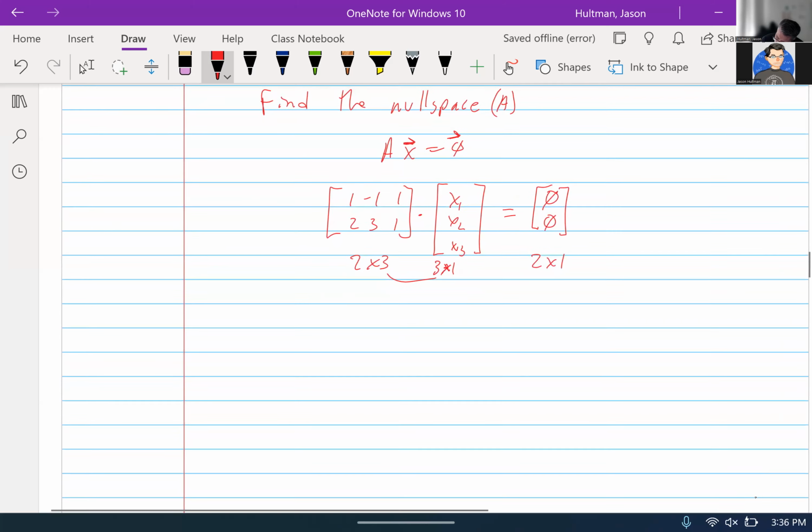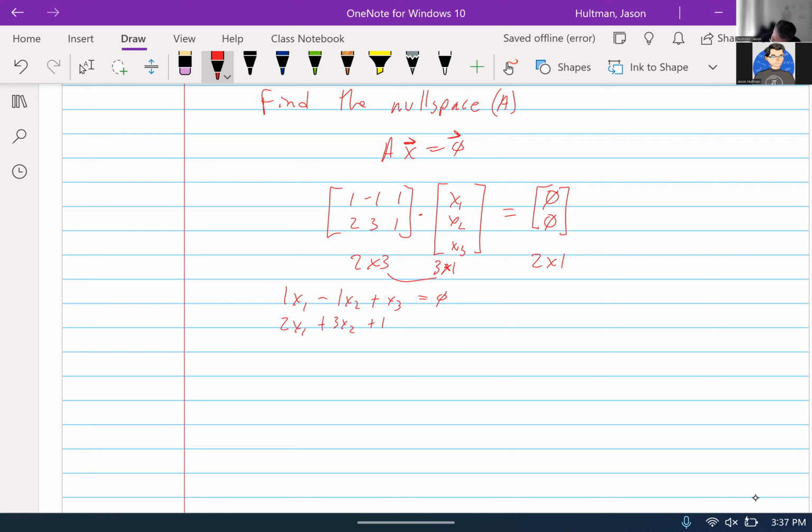Okay, and what would this look like if I multiplied this out? It would be x1 minus x2 plus x3 is equal to 0. 2 times x1 plus 3x2 plus 1x3 is equal to 0.